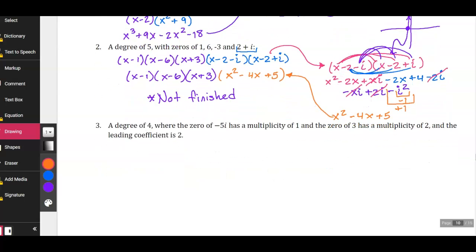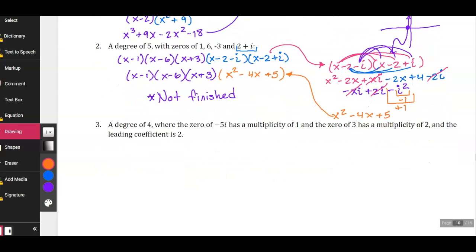All right. And then on this one, this number 3, I just wanted to go over it really quickly. I think that you could understand on your own, but just in case, I do want to state that if we have a zero that has a multiplicity of 2, what does this mean for this zero?